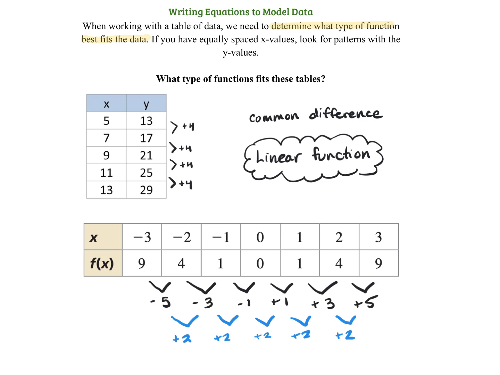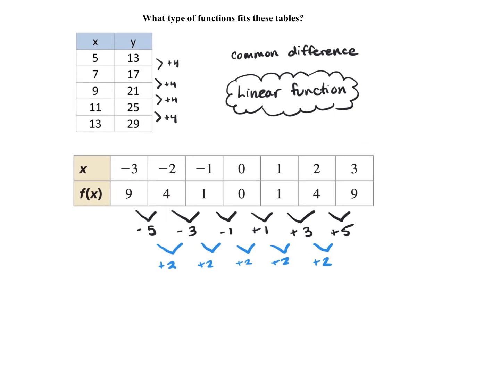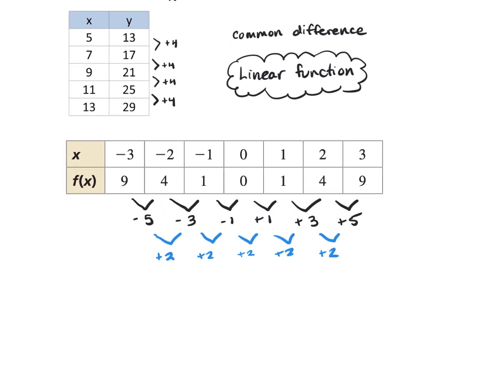So if you have a common second difference, I'll write that down, or common second differences, so that second tier of differences, that means that we can model this with a quadratic function.